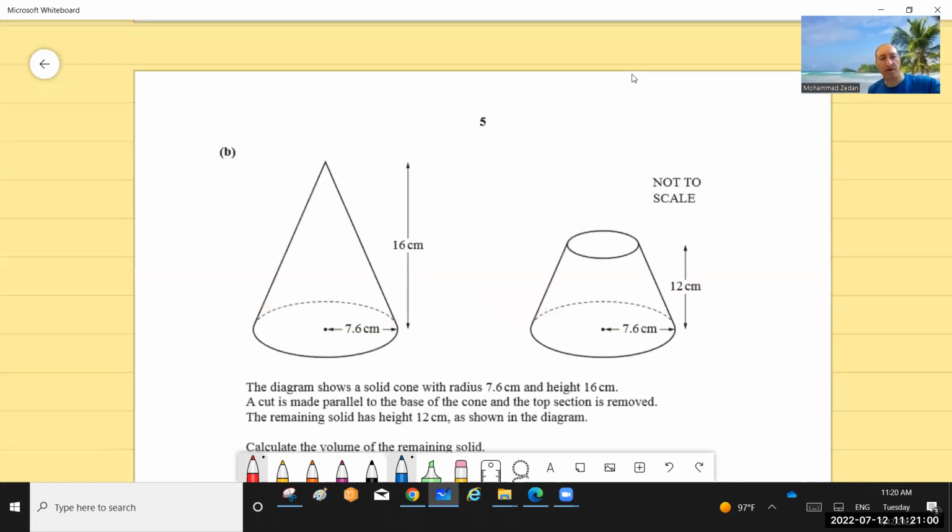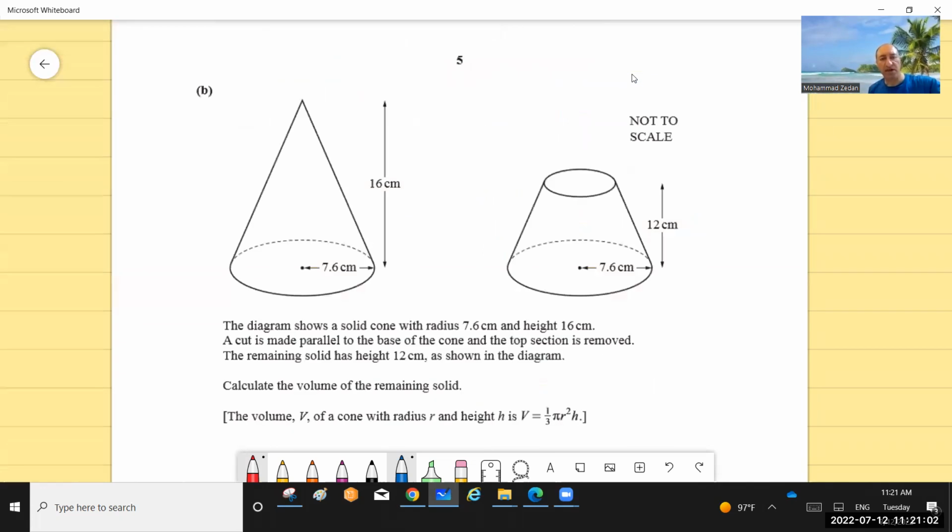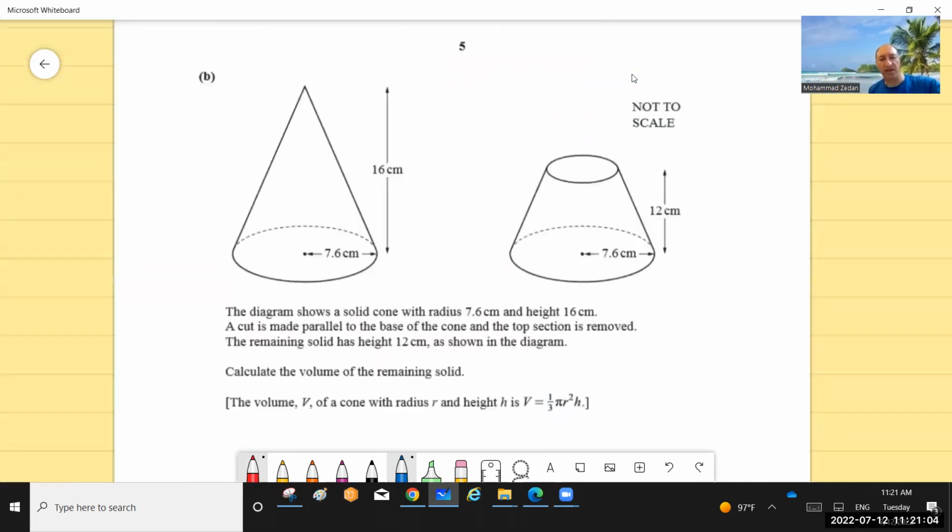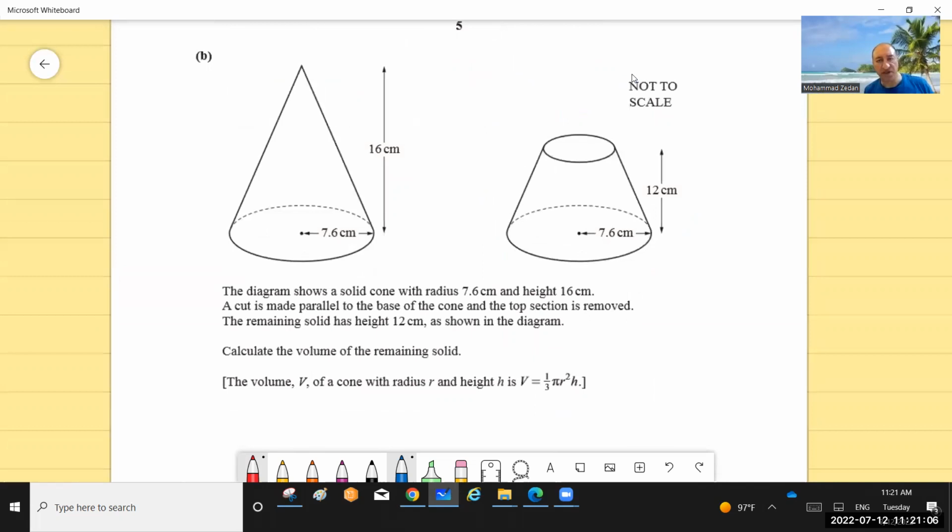Part B, the diagram shows a solid cone with radius 7.6. This is a different question, and height 16 centimeters. A cut is made parallel to the base of the cone, and the top section is removed. The remaining solid has a height of 12 as shown in the diagram.